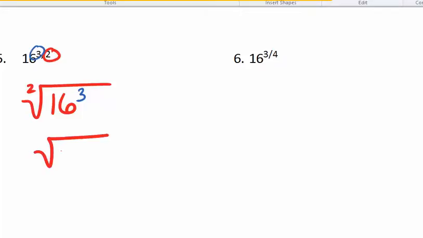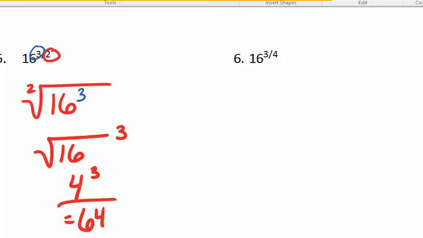So we're going to write it like this. We're going to do the square root of 16, and then that's going to be raised to the third power on the outside. By doing that, that makes the numbers more workable without a calculator. Square root of 16 is 4, and then if I raise that to the third power, we get 64.